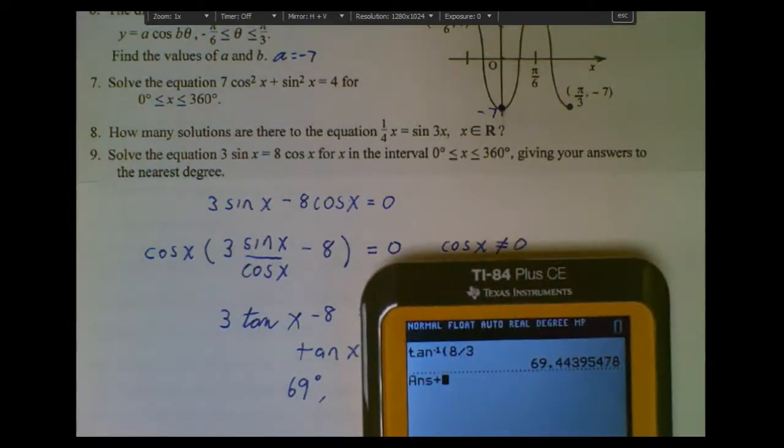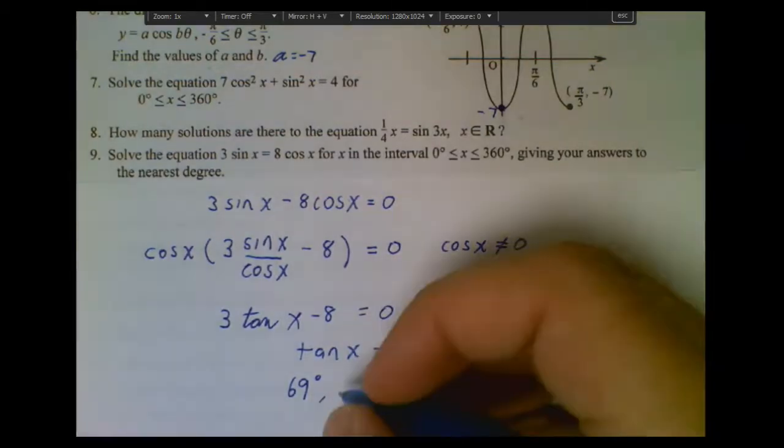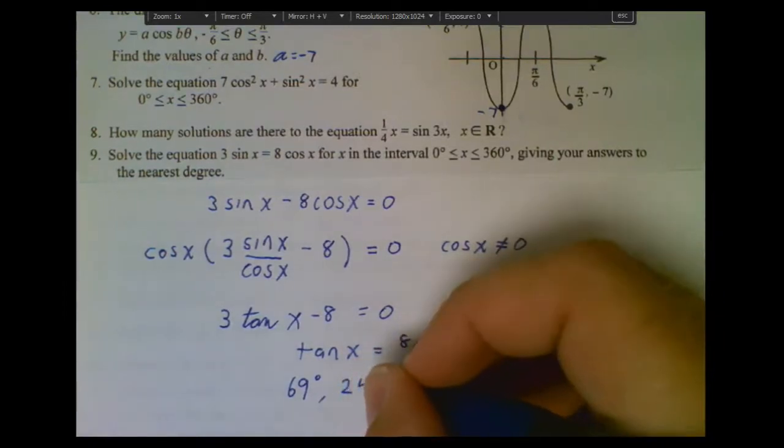So plus 180. Oops. And there's another answer. So 249 is another answer. If I add 180 again, I'm no longer in the given domain, so I can no longer use that answer. But I can use the 249 as another answer because it's within the domain.